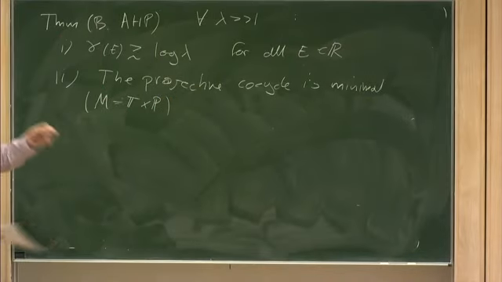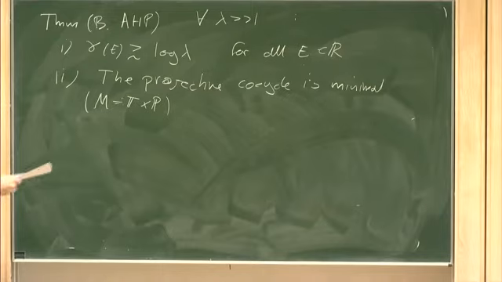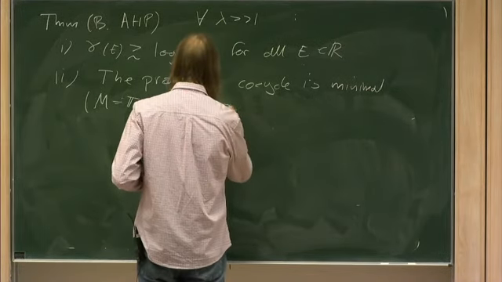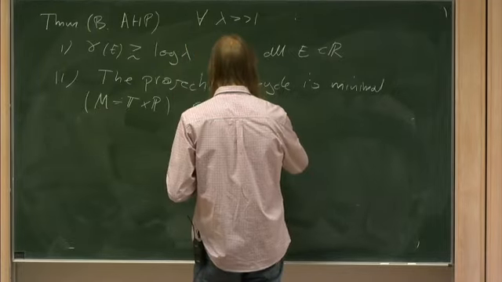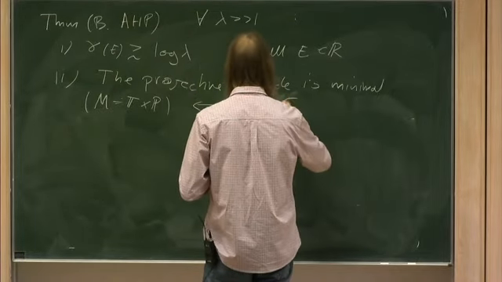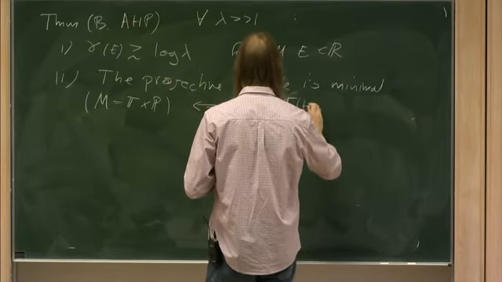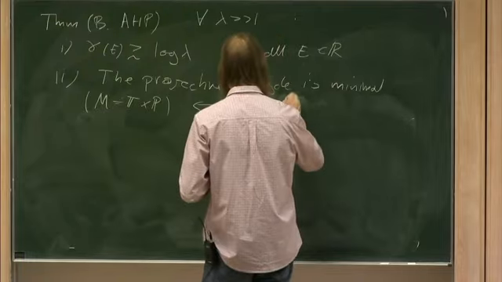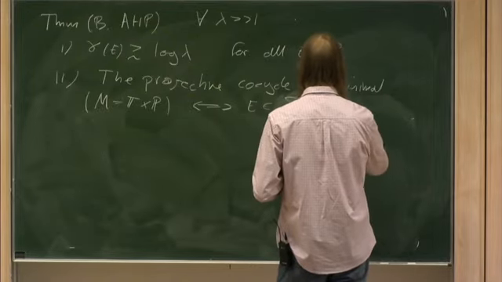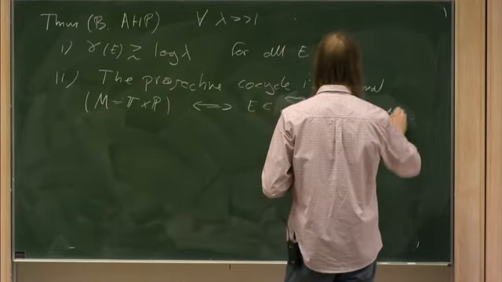It means that the iteration of any point is dense. It is if and only if E belongs to, let me use this notation, the spectrum minus edges of gaps.